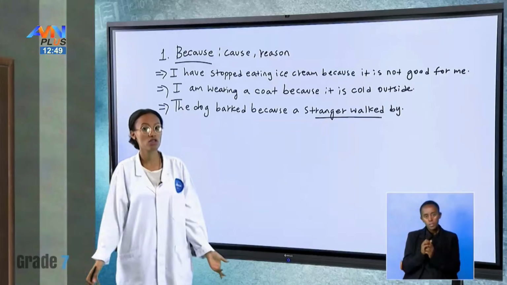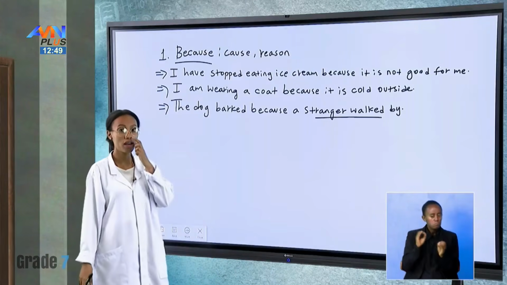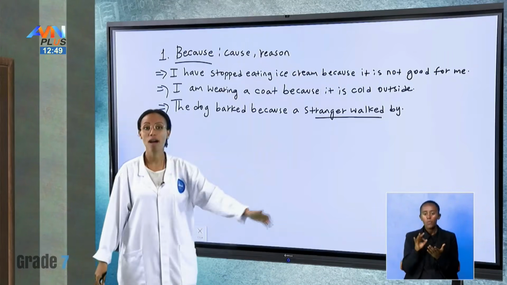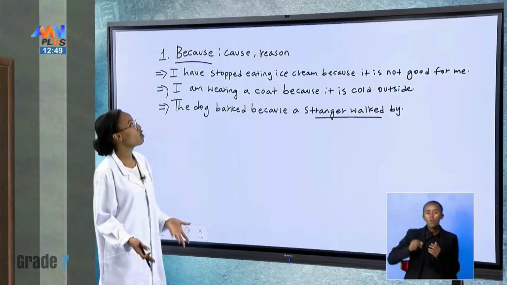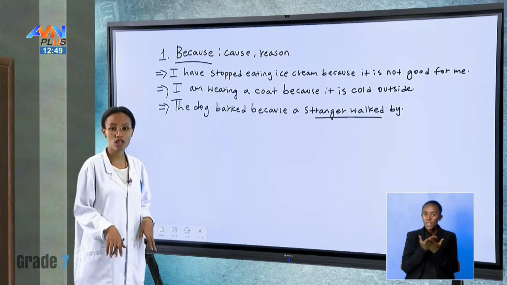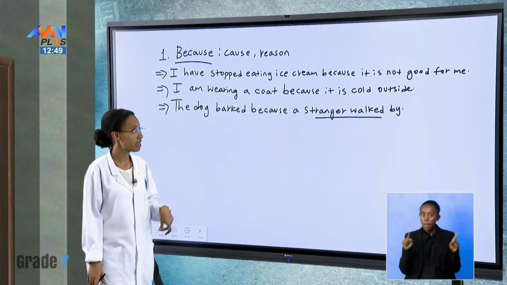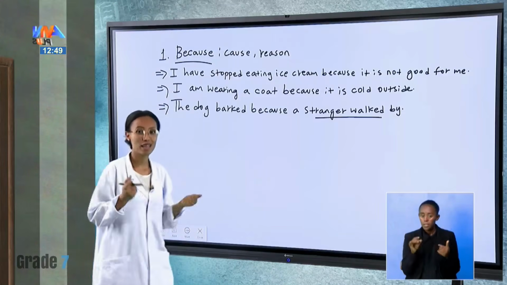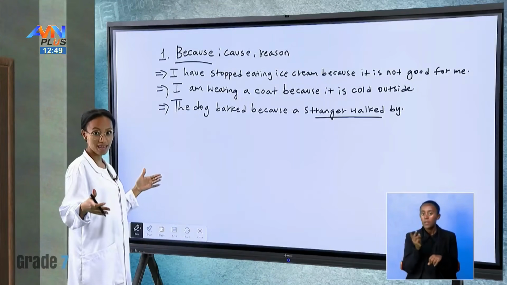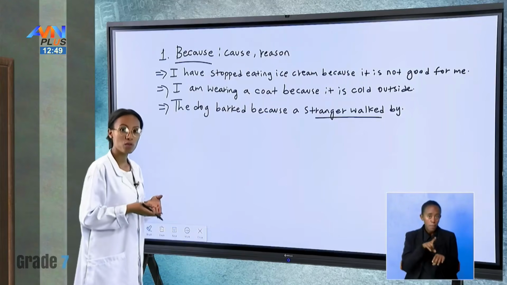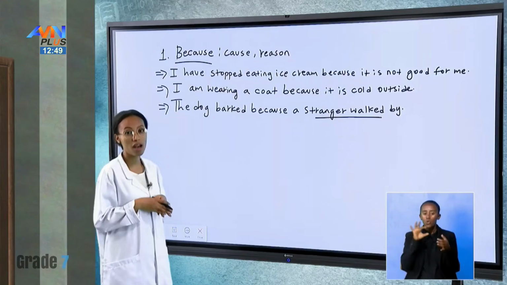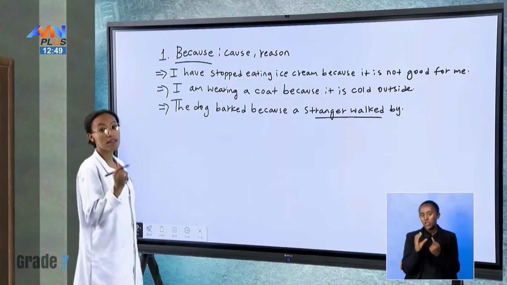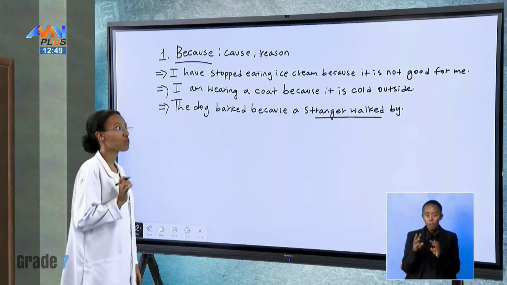If that stranger didn't walk by, the dog wouldn't bark. So two actions, but they are related. We also use it to separate and connect two different ideas at the same time, and we use the conjunction because to show a cause and effect situation. This is the first way we use because.